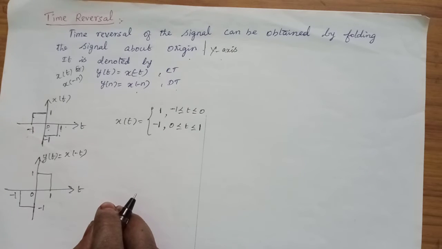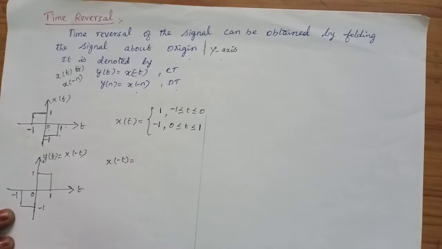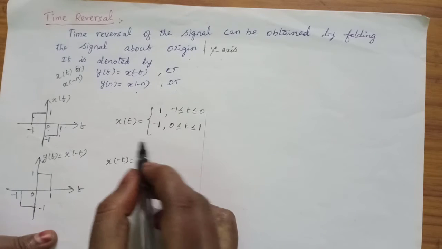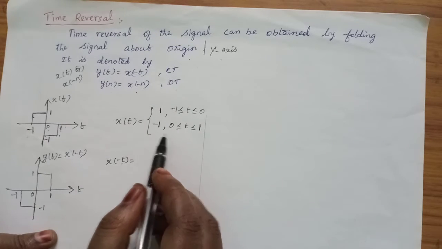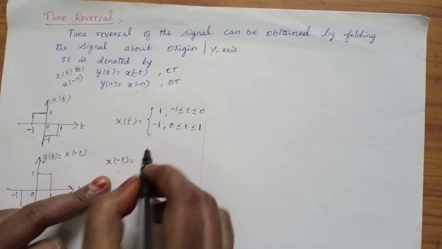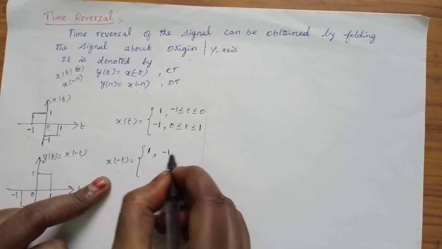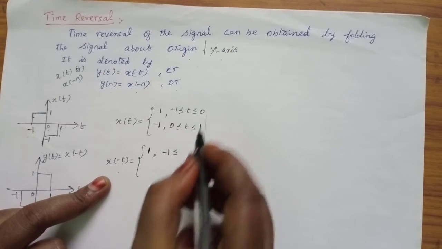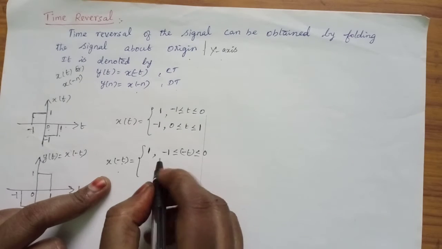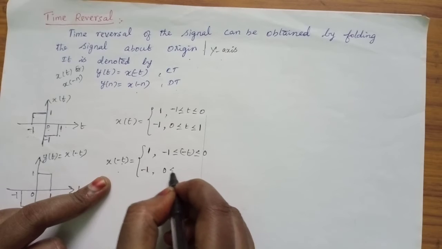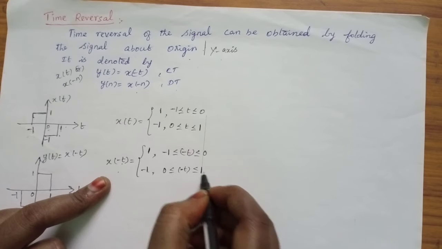Okay, so now we need to write the expression for x of minus t. For that I am just replacing t by minus t in the above equation. So x of t is replaced by x of minus t, and minus 1 less than or equal to, instead of t we write minus t, less than or equal to 0, and minus 1 for 0 less than or equal to minus t less than or equal to 1.